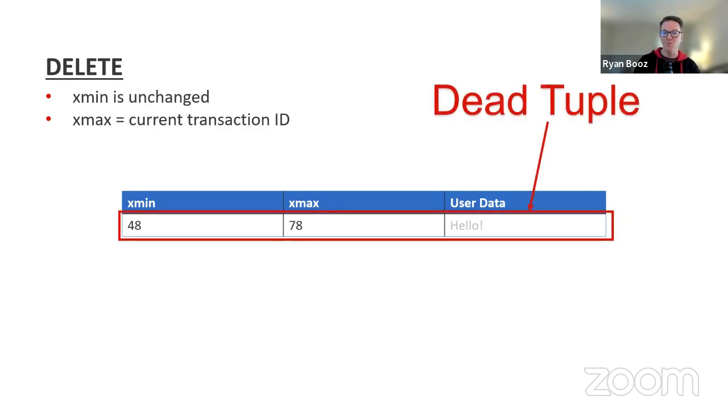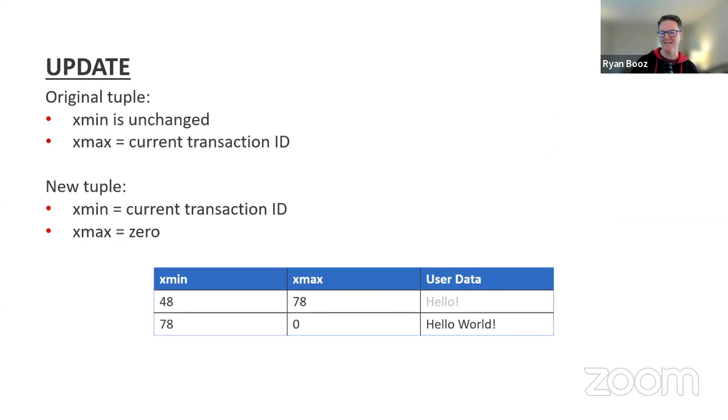So again, when you delete a row in Postgres, you're not physically deleting the row on disk at that moment. You're simply marking its xmax, its expiration ID, to the transaction ID that caused that action. And then another process, which we'll talk about in a few minutes, will come along and eventually free that space up. And yes, I'll show you in just a minute that it works even if you were to update it to the same value.